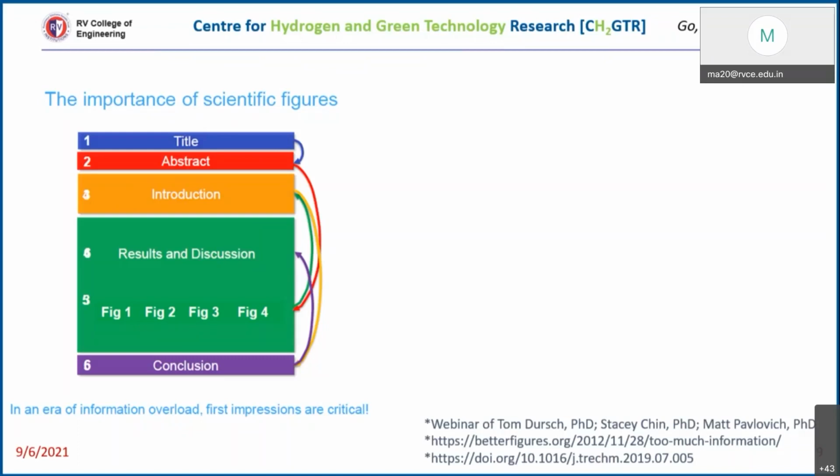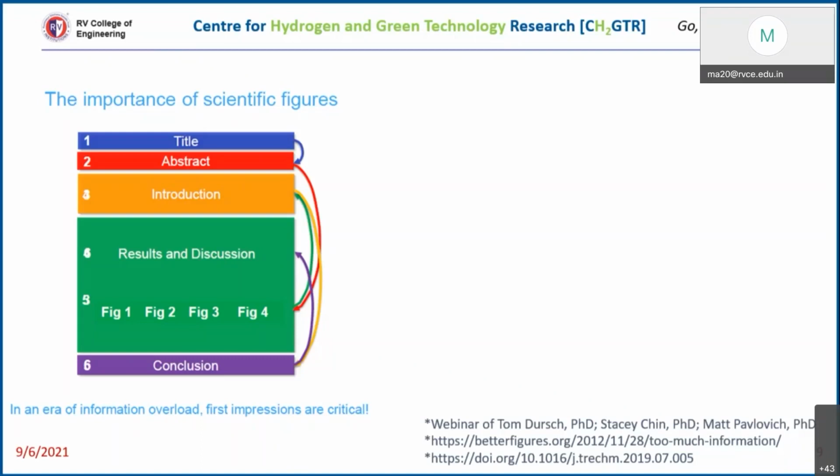So what is that? There is a picture and there will be an explanation, the caption for that, right? The picture along with the caption should be a standalone entity. If you just look at the picture and read the caption that is given, it should be self-explanatory.